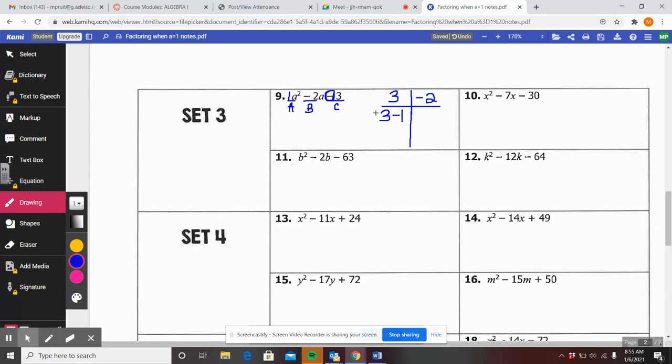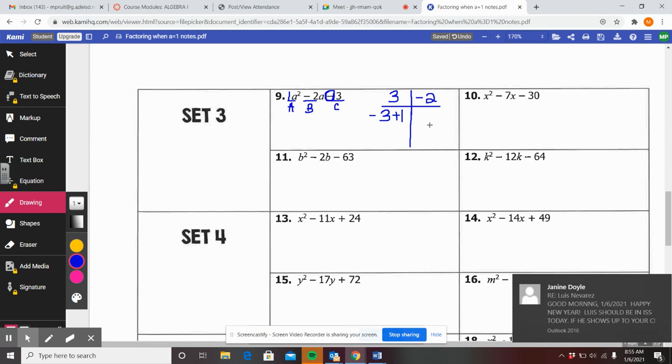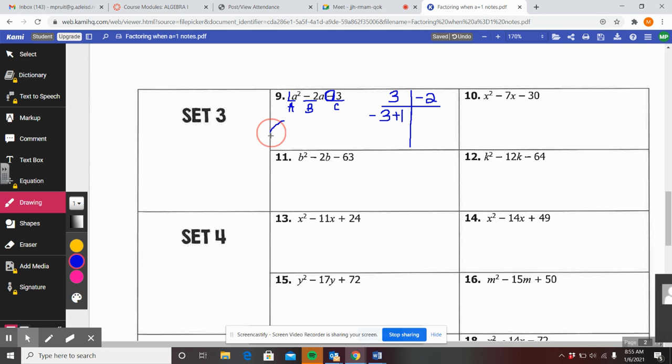If one of them's negative, 3 plus 1. Because negative 3 plus 1 is negative 2. So then we draw our parentheses. A minus 3. A plus 1.